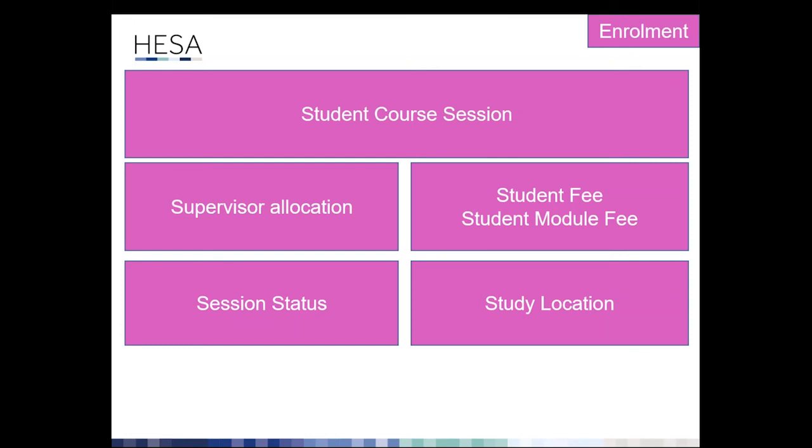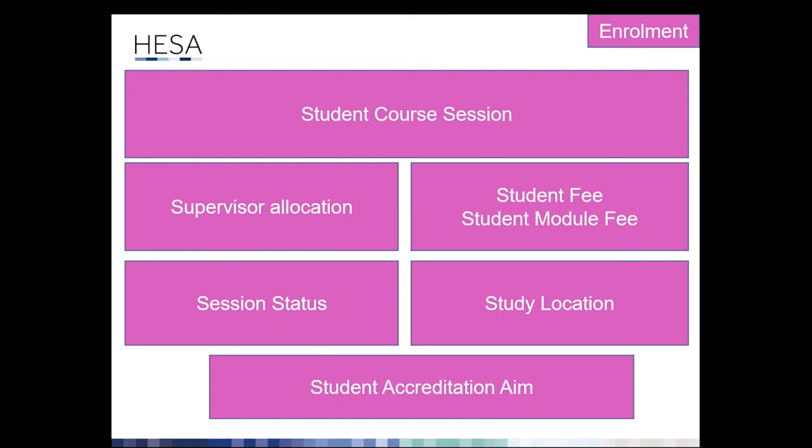Finally, the student accreditation aim. I mentioned the curriculum accreditation earlier that's associated with a particular course. This is one that might not apply to many providers, but we're aware that in some cases students specialise partway through their course for a given accreditation. One example might be if a course is accredited by the Nursing and Midwifery Council, but not for a specific type of nursing.